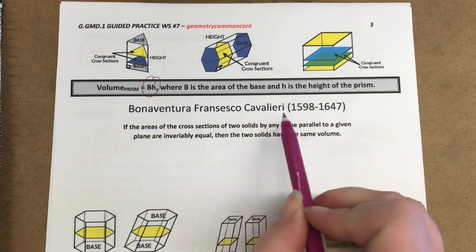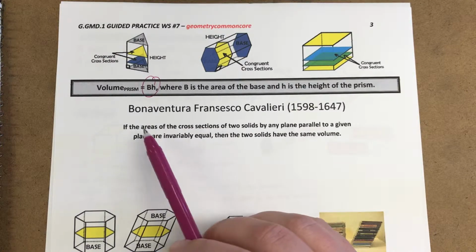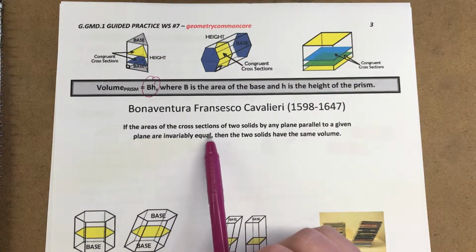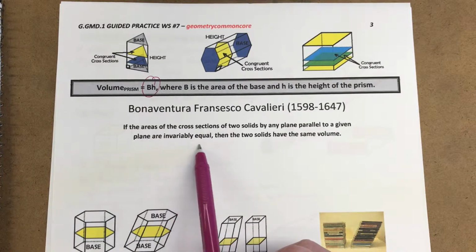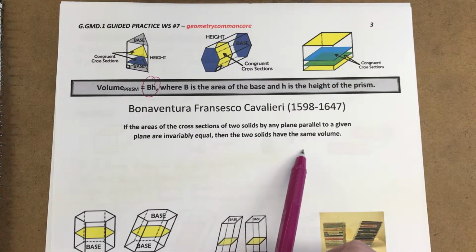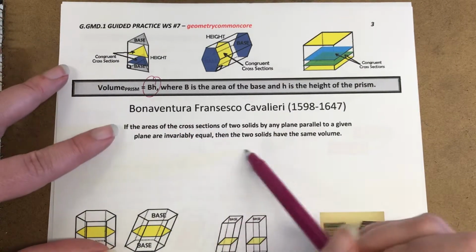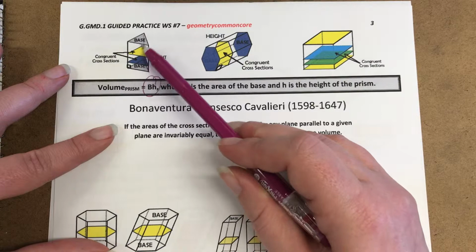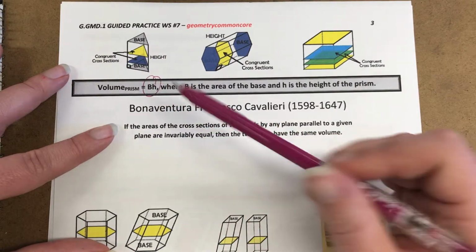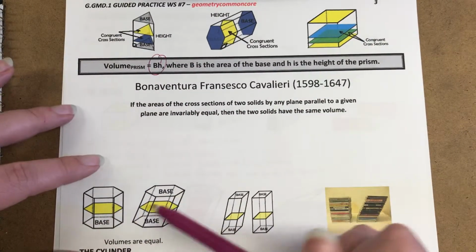Cavalieri is the guy who figured out that as long as all of the areas of the cross sections of two solids by any plane parallel to a given plane are invariably equal, then the two solids have the same volume. Basically, all this says is that as long as each of these cross sections are the same, then I know that this volume would be the same as this volume.